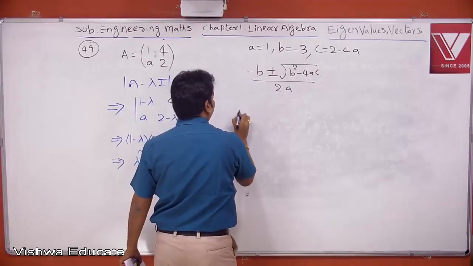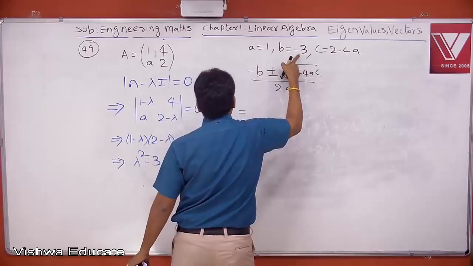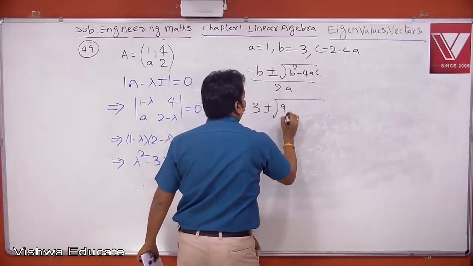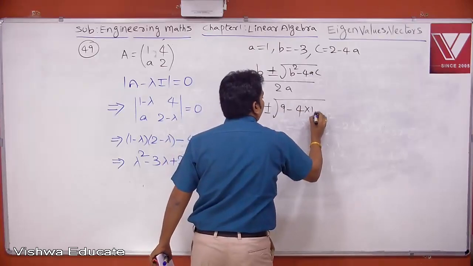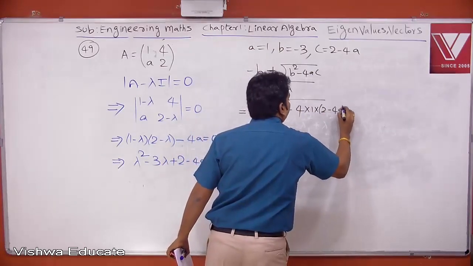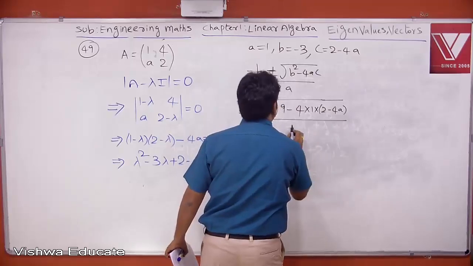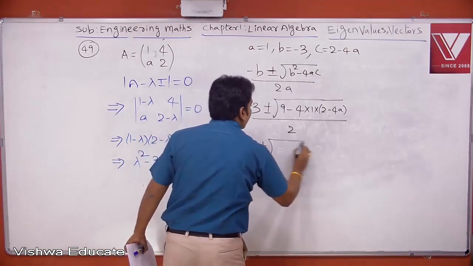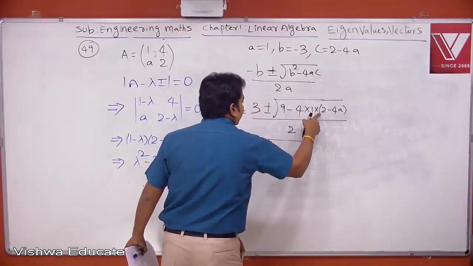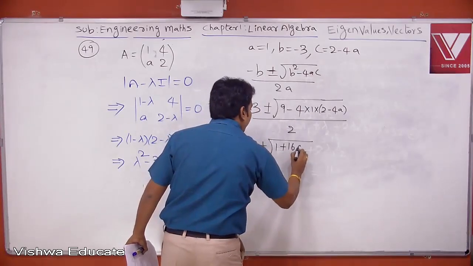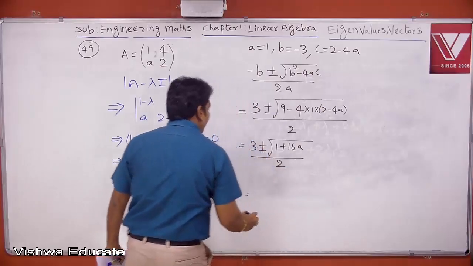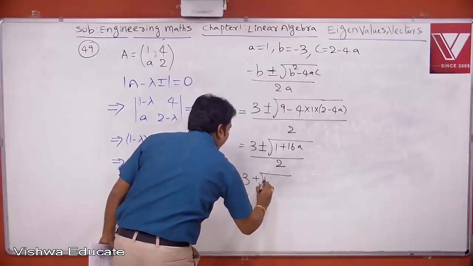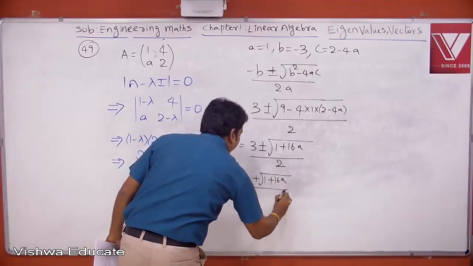So this is, already b is negative, so 3 plus or minus square root of b square 9 minus 4 into a is 1, c is 2 minus 4a, whole divided by 2. So this is 3 plus or minus square root of 9 minus 8, this is 1, 1 plus 16a, divided by 2. So therefore one eigenvalue is lambda 1. This is with the plus sign: 3 plus square root of 1 plus 16a divided by 2.